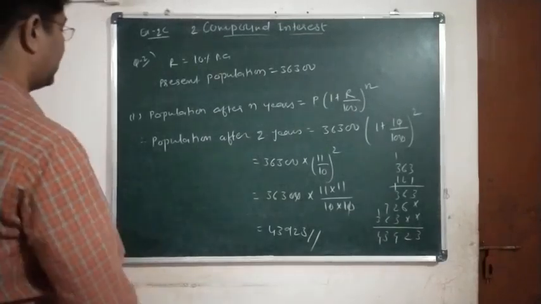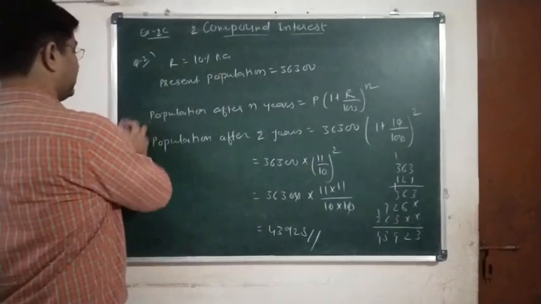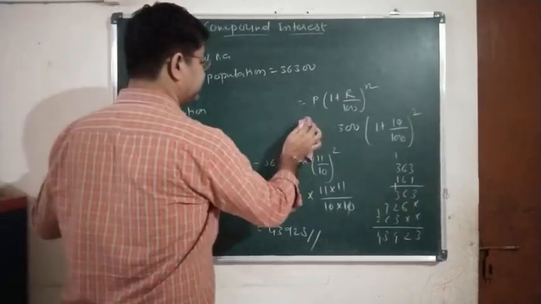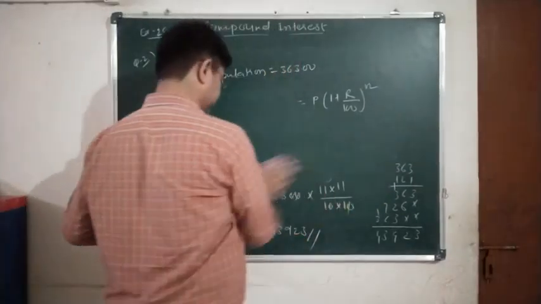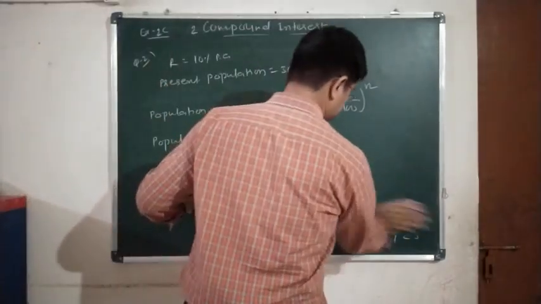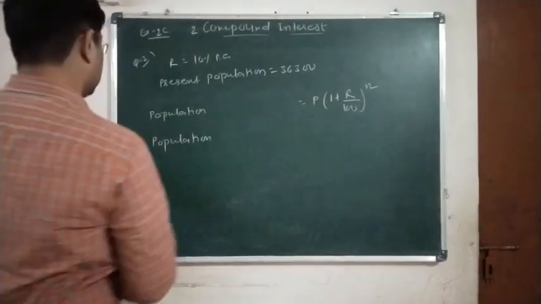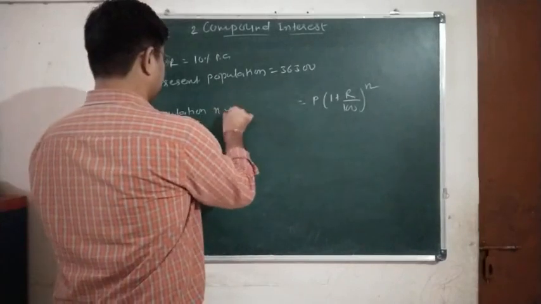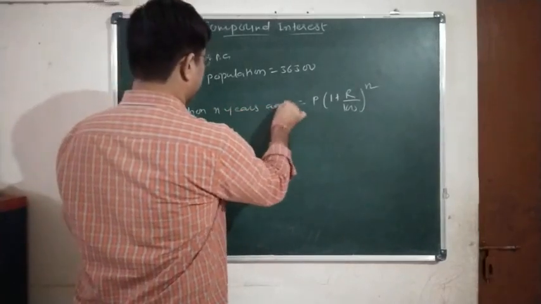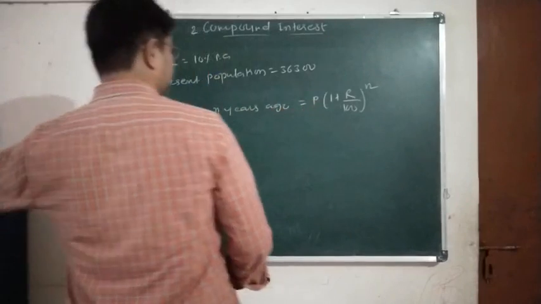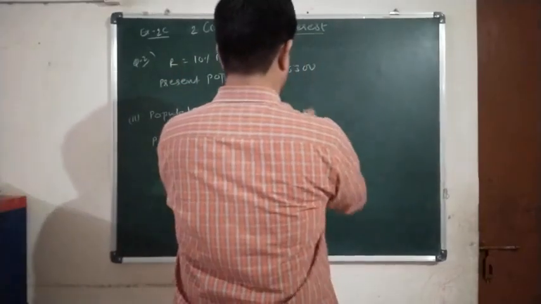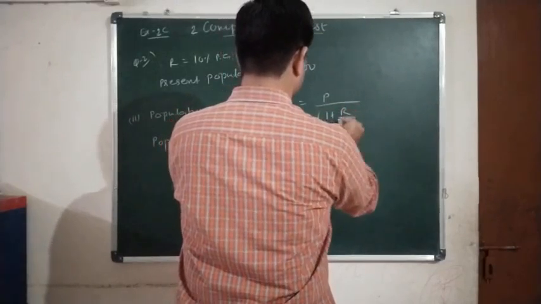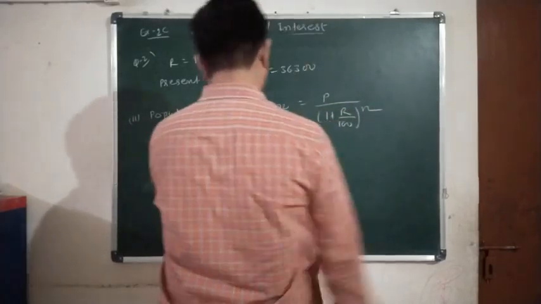So we have another formula. Number 2, population n years ago is equal to P upon bracket 1 plus R upon 100 raised to n.